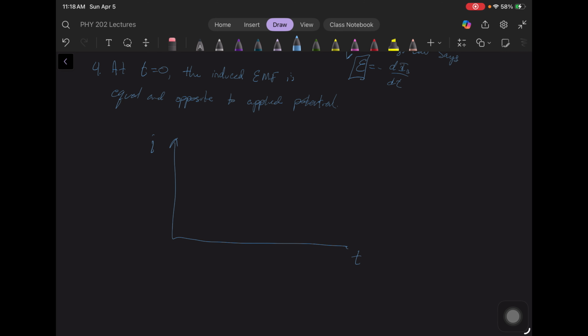Huh. Oh, it has potential as a function of time. Nah, whatever. Alright, you're gonna end up with... Let me see. I believe you get something like this. Is that right?